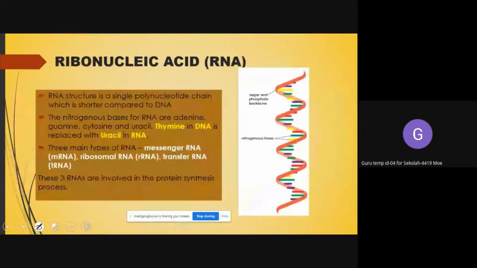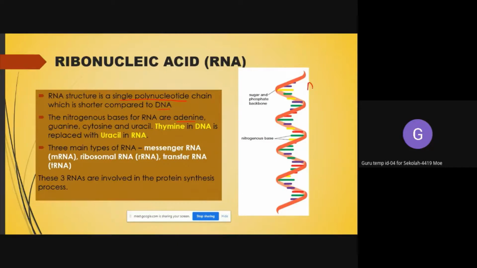So next, ribonucleic acid ataupun RNA. RNA structure is a single polynucleotide chain. Kalau perbandingan, DNA ada 2 polynucleotide chain, RNA hanya ada 1 polynucleotide chain, which is shorter compared to DNA. The nitrogenous base for RNA are adenine, guanine, cytosine, and uracil.